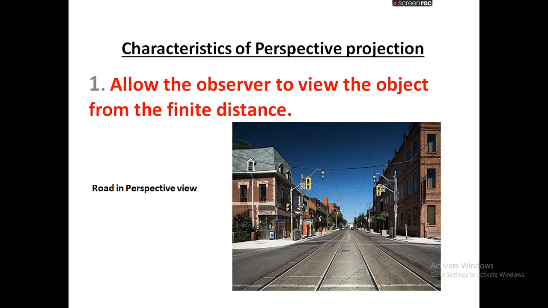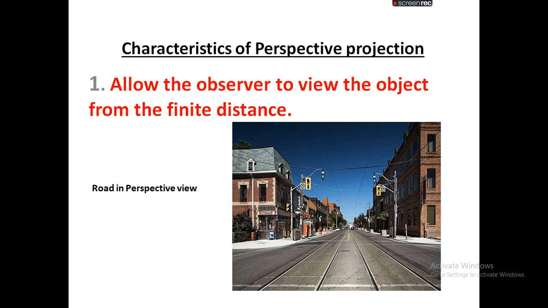But in perspective projection, the object is visible only at a finite distance. If I keep the object at infinite distance, we cannot transfer that object description onto the projection plane.